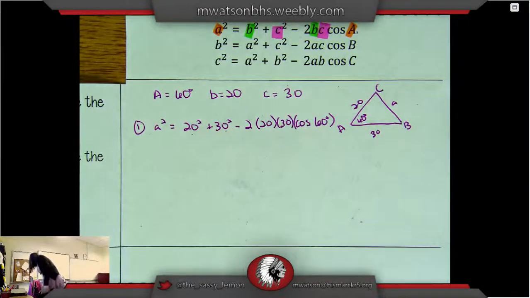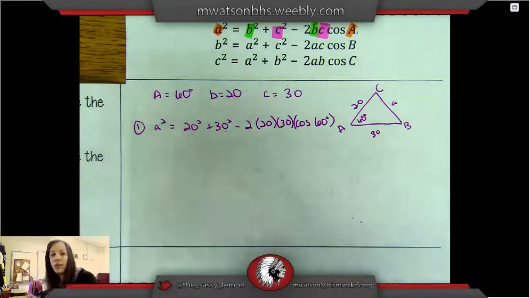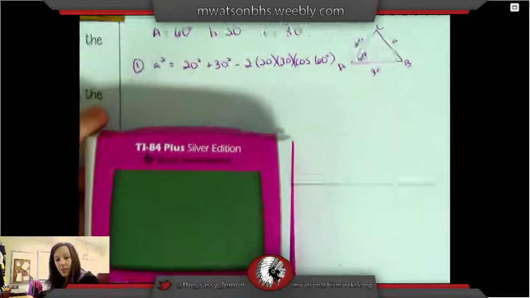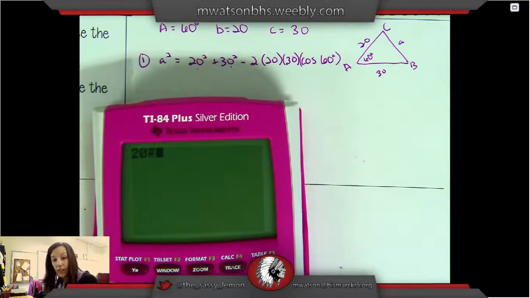From this point on, you're just doing a bunch of calculator work. And notice that a squared is squared, so at the end we're going to have to square root whatever we get. So let's type this in the calculator: 20 squared plus 30 squared minus 2 times 20 times 30 times cosine of 60.